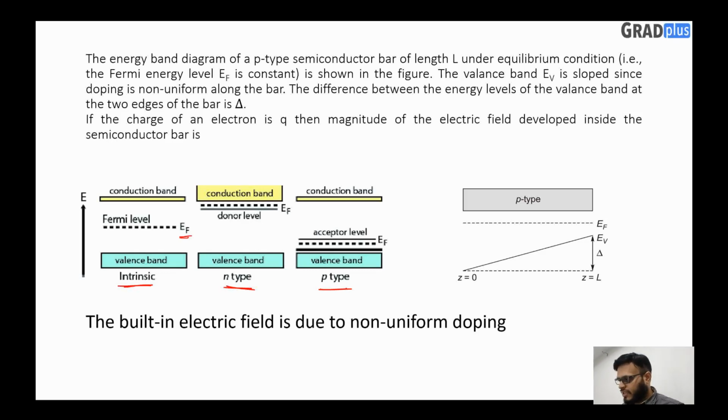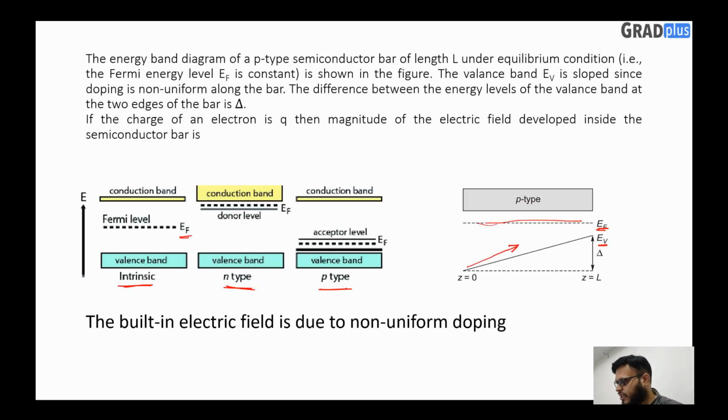Now we can see from this second diagram that we are considering the Fermi level as constant, as it is a mathematical tool. So we consider it constant, and then we calculate the top of valence band based on the difference between the Fermi level and top of valence band. So the top of valence band is rising, or the difference between the Fermi level and EV is decreasing.